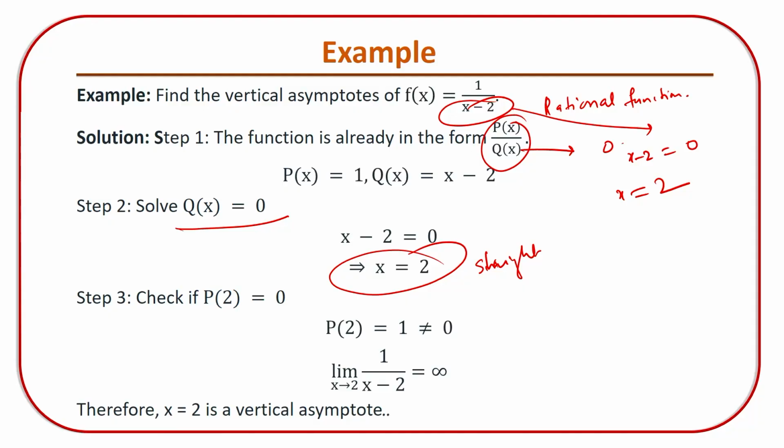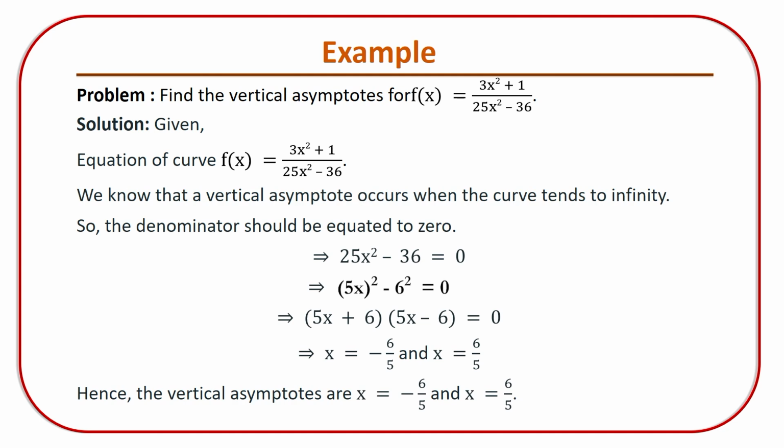So now we are going to put that in, finding the limit as x tends to 2 from the left or from the right, and from both. This is a very simple function. So f(x) equals the limit of x tends to 2 of 1 divided by x minus 2, and this is going to be infinity, right? So that's why it is going to be a vertical asymptote. x equal to 2 will be our vertical asymptote.